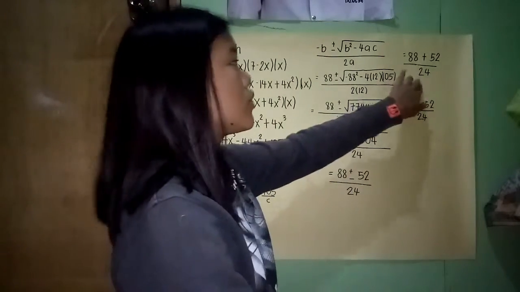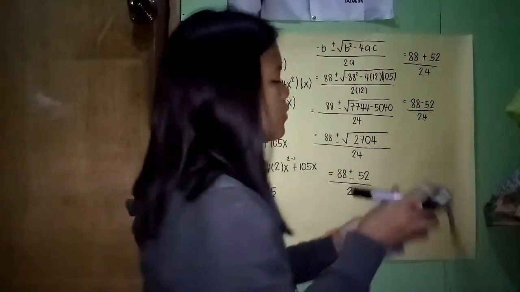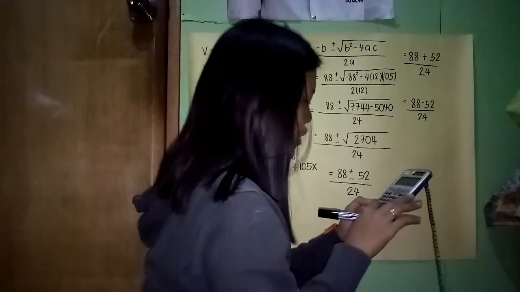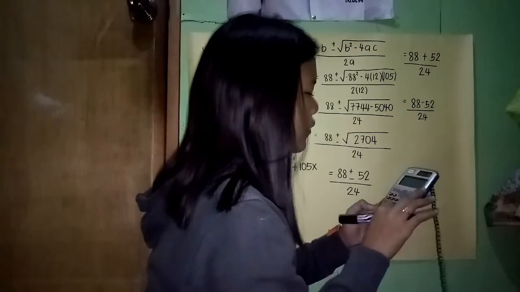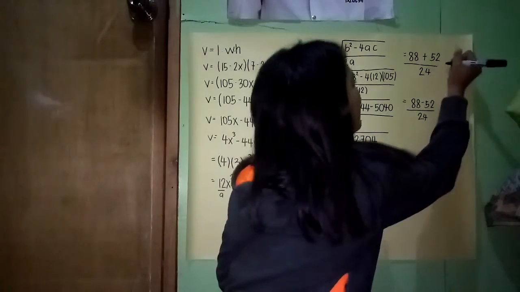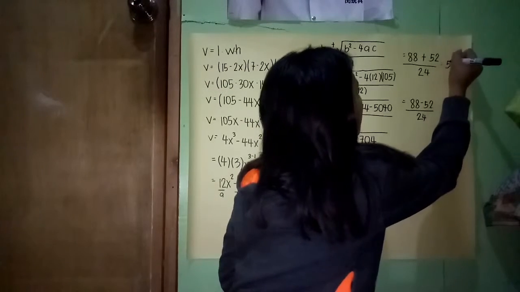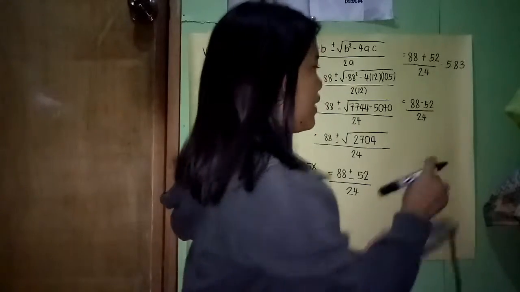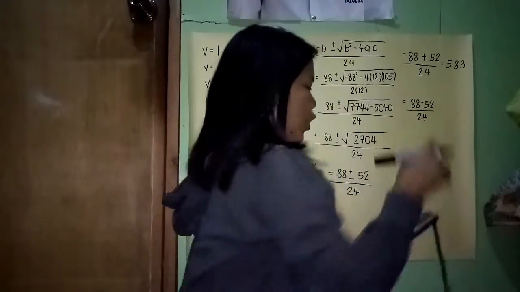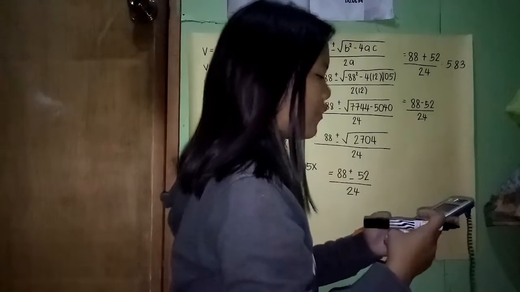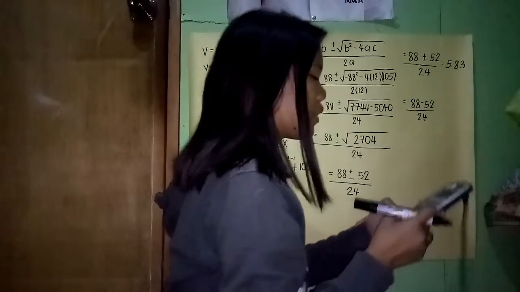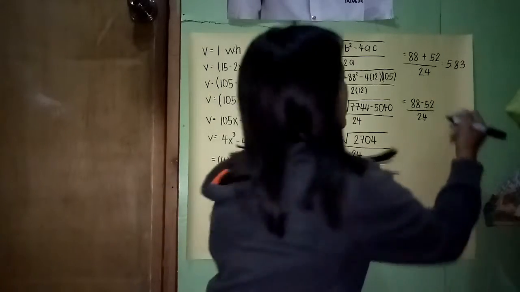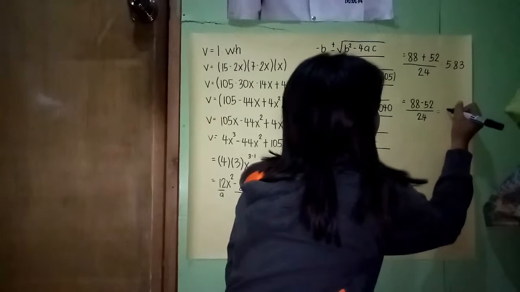We're going to solve this first. 88 plus 52 is equal to 140 divided by 24, so our answer is 5.83. And now we are going to solve for this one. 88 minus 52 is equal to 36 divided by 24. We are going to have 1.5.